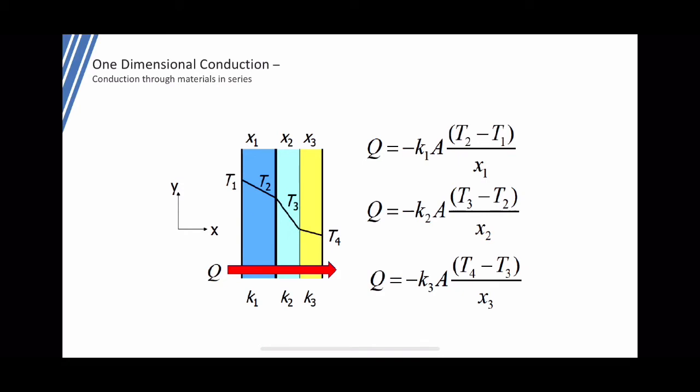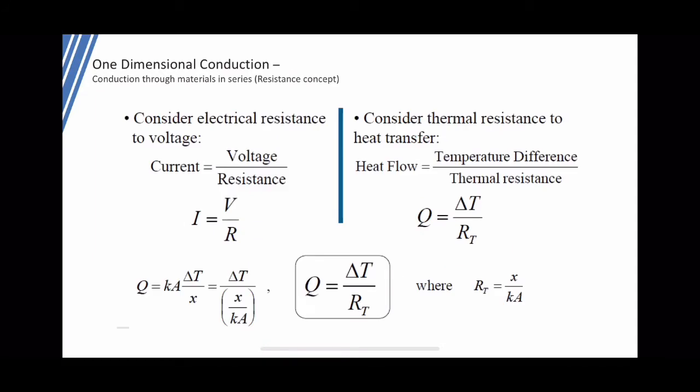So this is what we call conduction through materials in series. Now, you can use the analogy of electrical resistance. Current is I, voltage divided by resistance. Okay, so I can be decreased if the resistance is increased. Similarly, with thermal resistance for heat transfer, if thermal resistance increases, Q will be decreased as well. So this is the basis of series connection of conductivity in terms of heat or thermal energy.